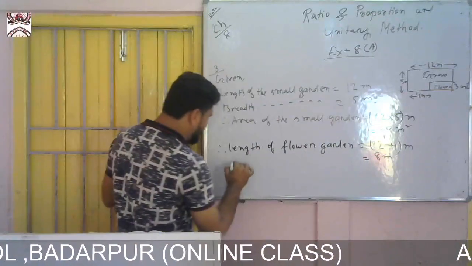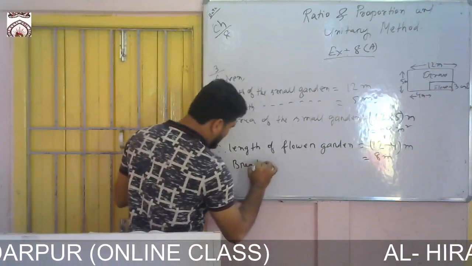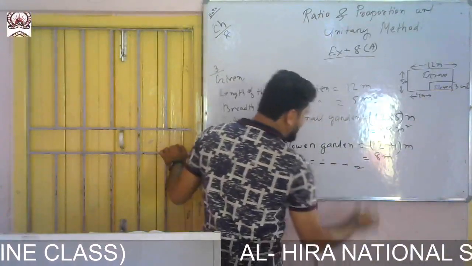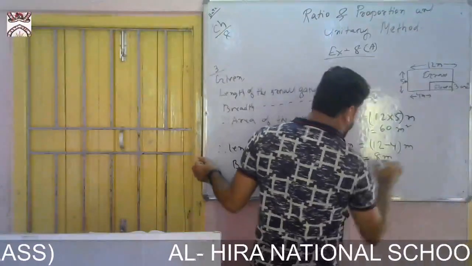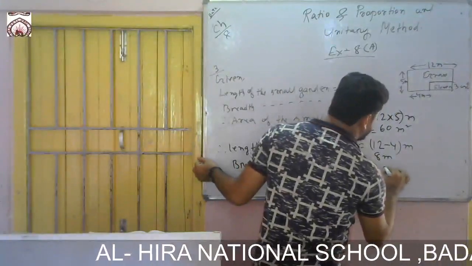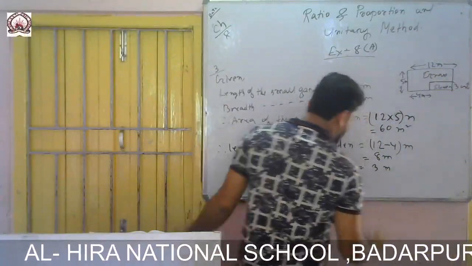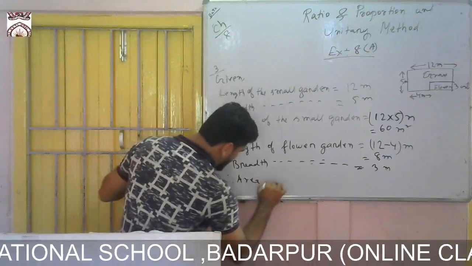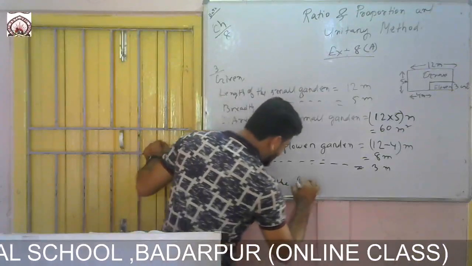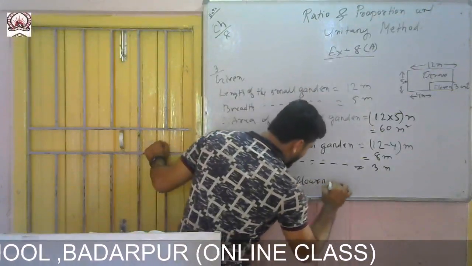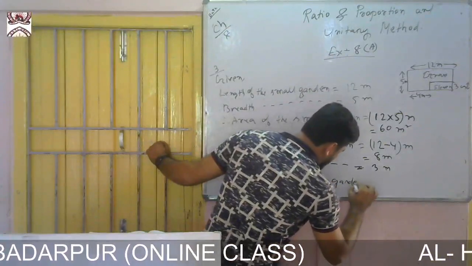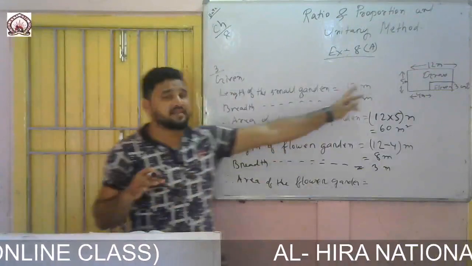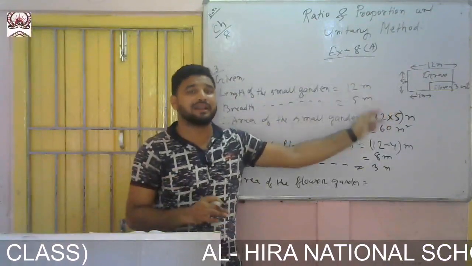And breadth of the flower garden will be what? Breadth is already given, 3 meter. Therefore, area of the flower garden, since it is a rectangle, will be length into breadth.